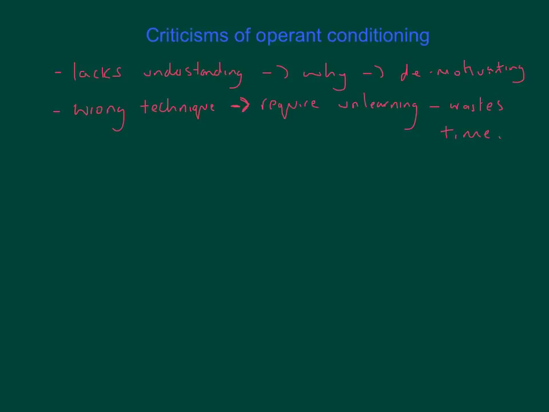Okay, due to the fact that the learner lacks understanding, it then means that we may not be able to respond to new stimuli. So if you're faced with a new situation in a game, it means that we're not well equipped because we don't understand and we can't change our responses.